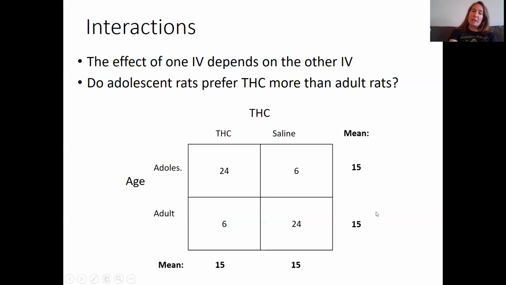So there is no main effect of age, there is no main effect of THC, but what you can see is that adolescents do prefer THC compared to adults. And so this is where this is changing. The preference of THC depends on the age, just like age depends on the THC. So that is an interaction.